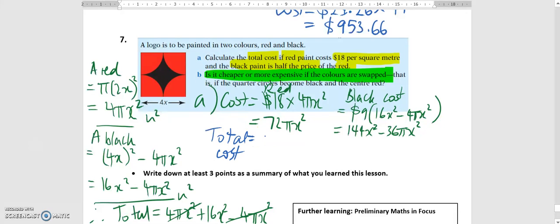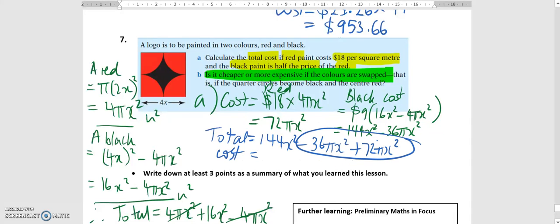So to get the total cost, you're going to add those two things together. So you're going to have 144x squared minus 36 pi x squared plus 72 pi x squared. And when you collect these like terms, minus 36 pi x squared plus 72 pi x squared, you get 144x squared plus 36 pi x squared.